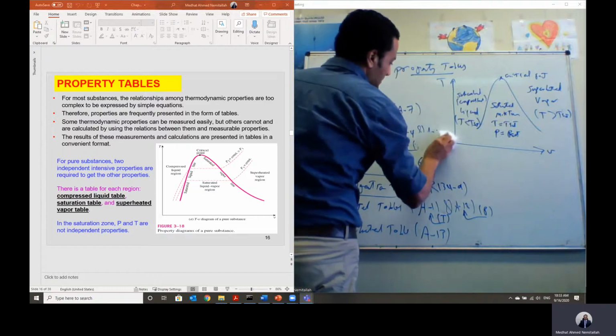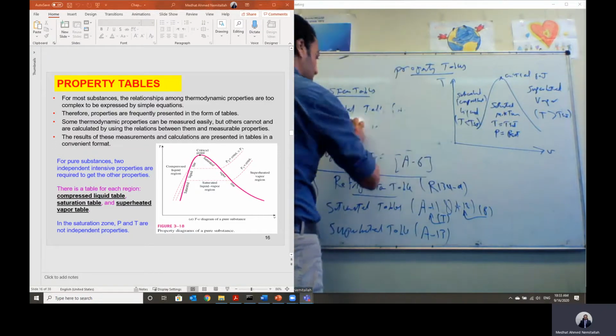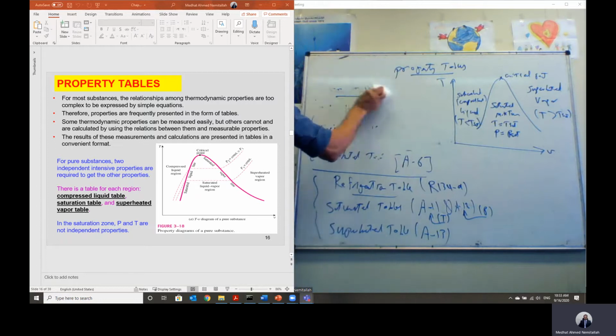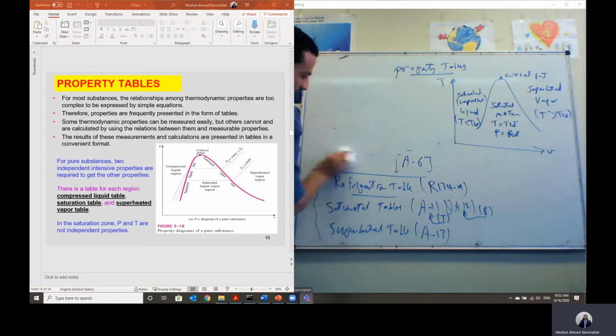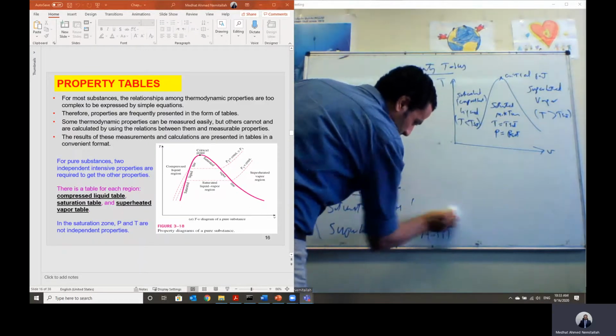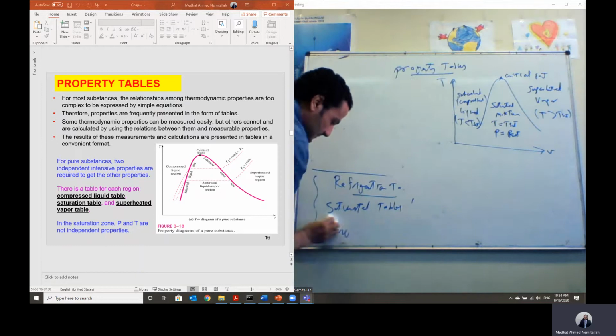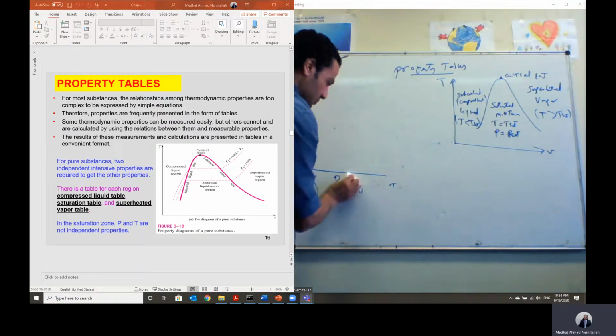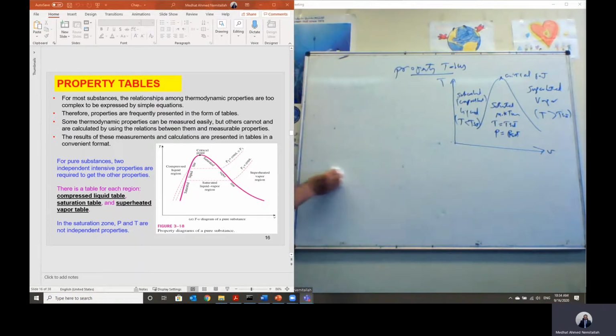But let's start and look at these different tables and see how we can calculate the properties. Starting first of all, as I said, I will be talking about the steam tables, and then you can apply the same steps if the working fluid is a refrigerant.